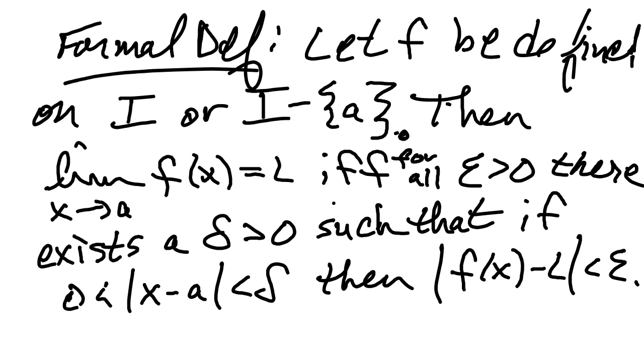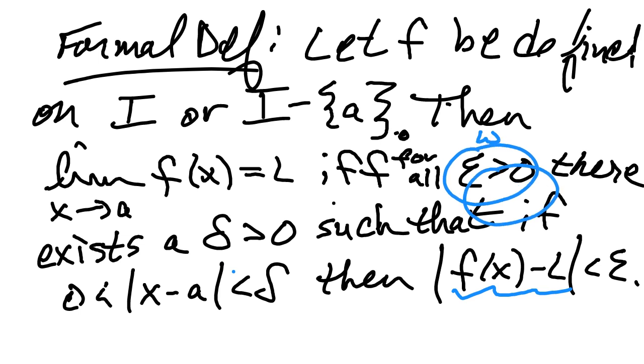So we need a picture. The question is, what is this epsilon? This epsilon is around f of x. It's a window around your limit. What the heck? This keeps changing on me.